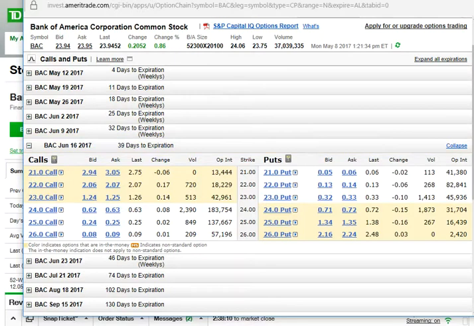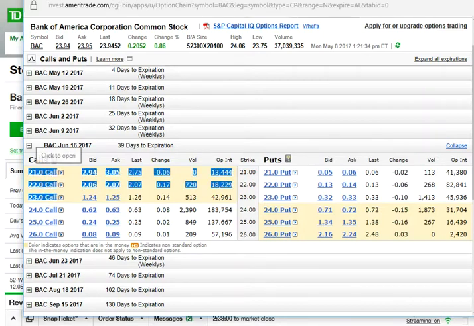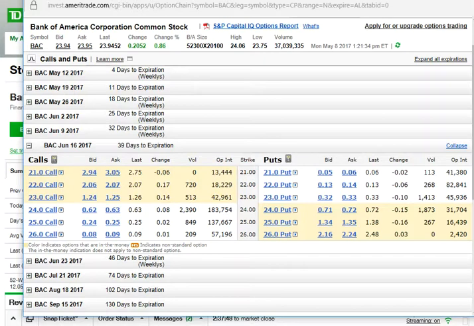And the next thing you'll notice is that these contracts up here have a pink or a colored, it looks like pink, kind of a darker shaded area, and the ones down here, the background is all white.